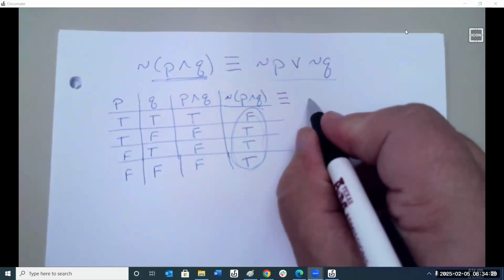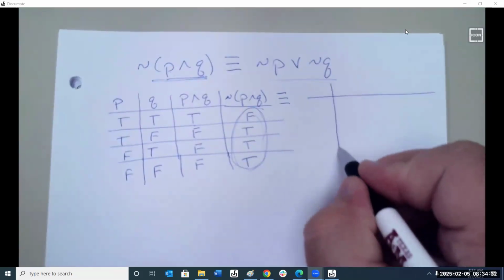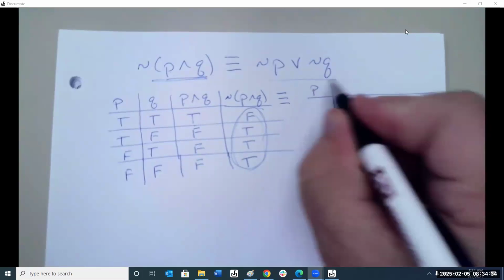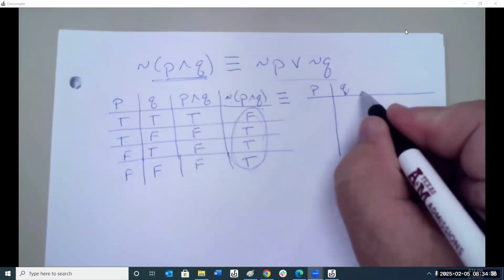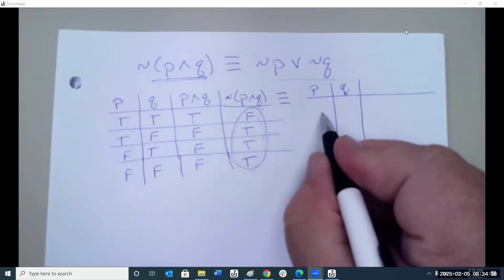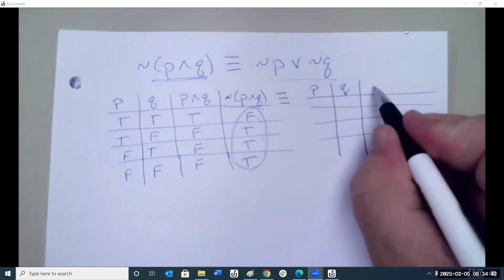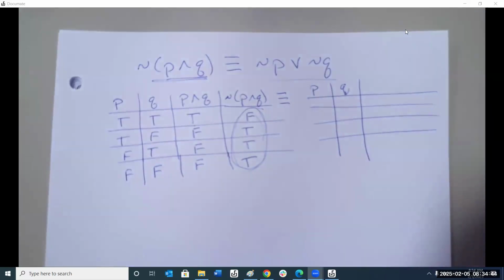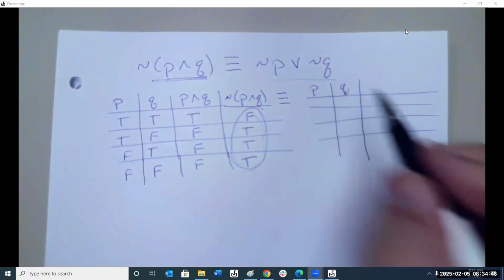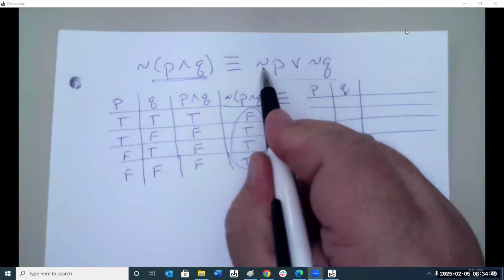Let's do the same thing here. So we need P, we need Q. So what else? What's the next column? We have P and Q? Nope.